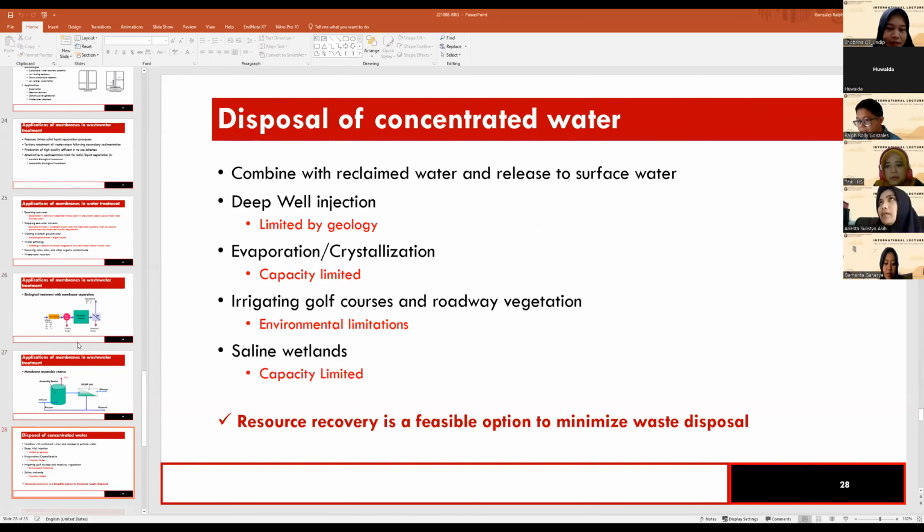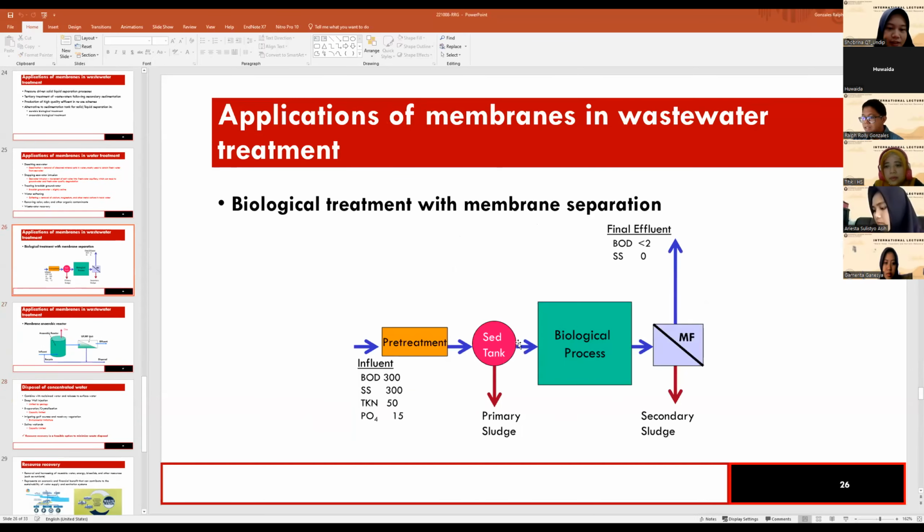So in this slide, this is a sedimentation tank, and the biological process is the one that you were asking about. This biological process can either be aerobic or anaerobic. The sedimentation tank in this process is a pre-treatment for the biological process.